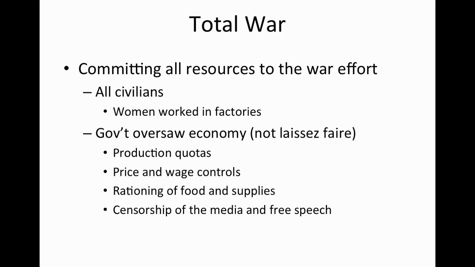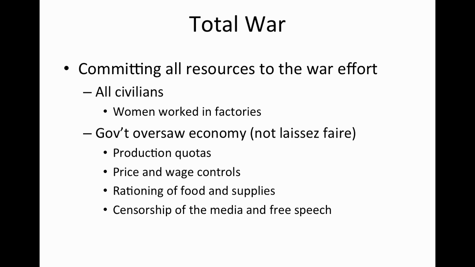Also, the government took a hands-on approach to the economy. So, for example, the government would control production, or at least oversee production. Now, companies didn't complain because they were making a lot of money, but the government did oversee how much these factories were making.